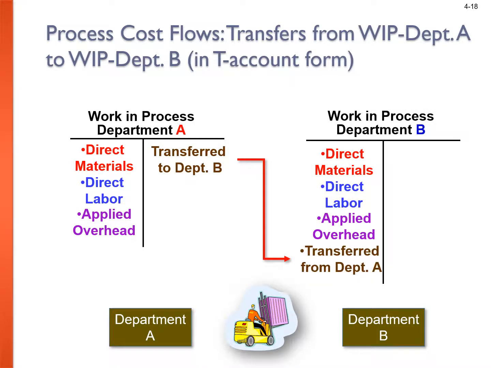When the potatoes, let's say, in department A, the preparation, are done being prepared and are transferring over to the cooking, all costs associated with preparing those potatoes in department preparation will be credited to department preparation, or department A, and debited into the work in process department B. So they flow through to the next department and are added to any additional direct materials, labor, and overhead that are created in department B, or the cooking.